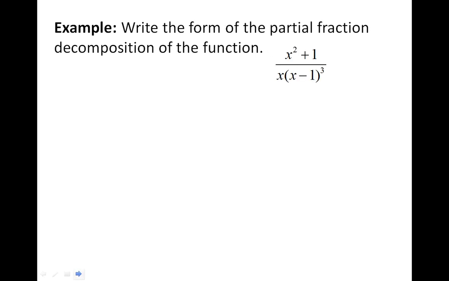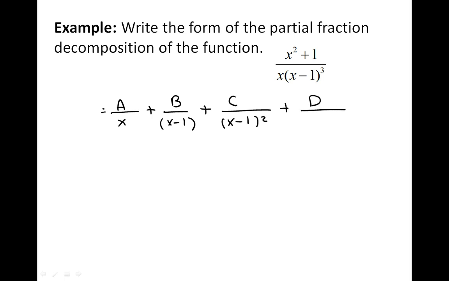So if I was going to write this, you would have A over x plus B over x minus 1 plus C over x minus 1 squared plus D over x minus 1 cubed. It's giving you an idea of what those look like. But I don't think you're going to have to do any of those in your homework.